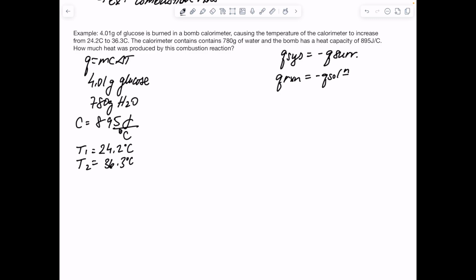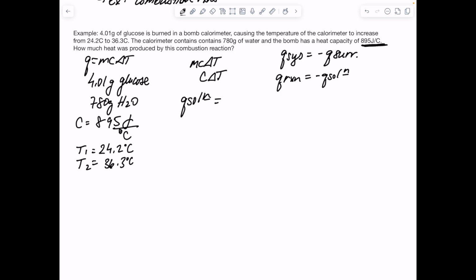If we look at Q solution, again, you might be inclined to say MC delta T because we have a mass here. And that is partially true. What I want you to pay attention to is the fact that you were given a heat capacity, capital C, not a specific heat capacity. So you can't necessarily just do MC delta T. You need to also do C delta T. That was the other formula that we saw at the beginning of this video.